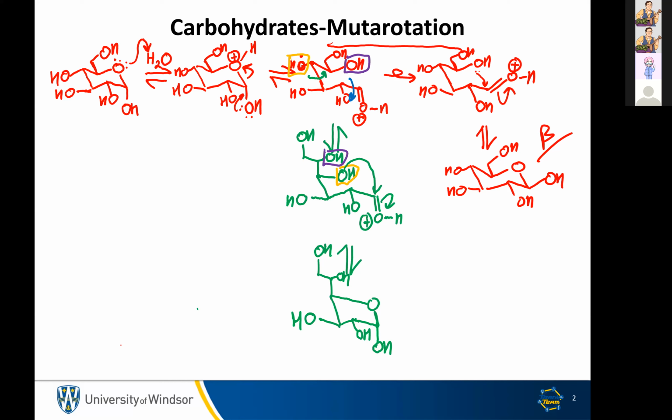So the sugars we're talking about so far, like glucose, is called a hexose. It's got 6 carbons, hex, ose, 6, sugar. Ribose is a pentose. It's got 5 carbons, pent, 5, ose, sugar. And although there's nothing stopping ribose making a 6-membered ring, it seems to prefer 5-membered rings.